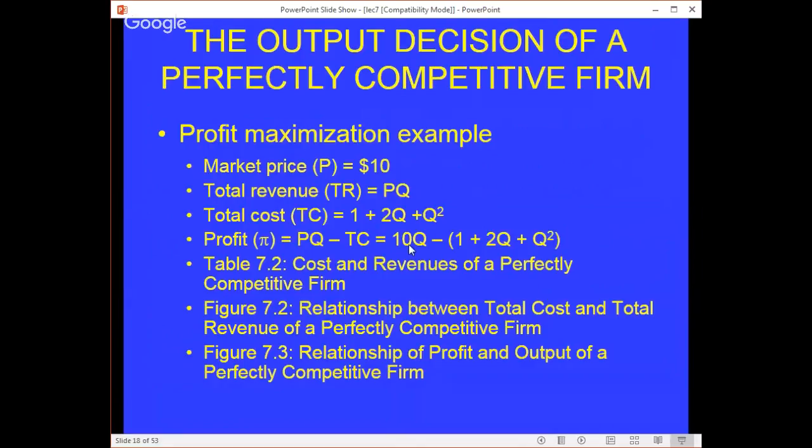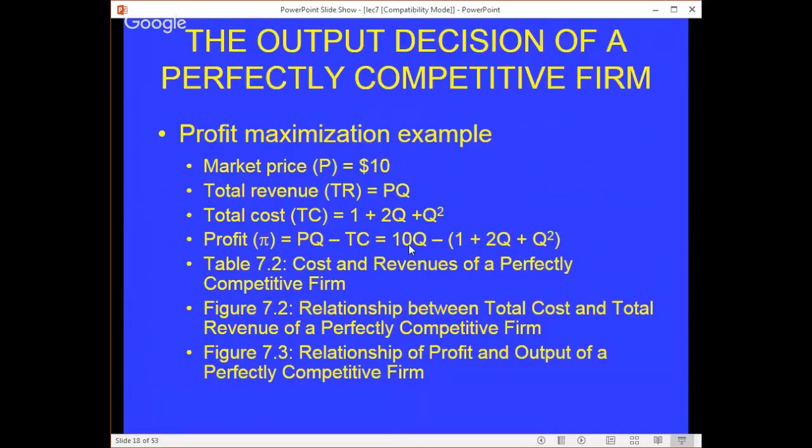That's taking the derivative. So I take the derivative of total revenue, I take the derivative of total cost, and I set them equal. What's the other way to do that? I take the derivative of our profit function. What do I do with the profit function to maximize it?